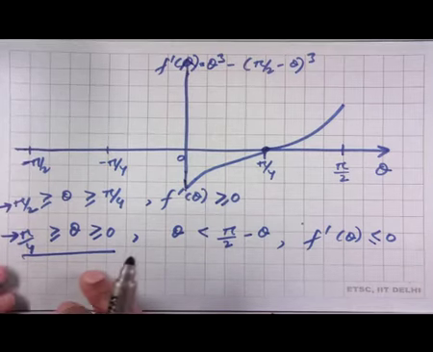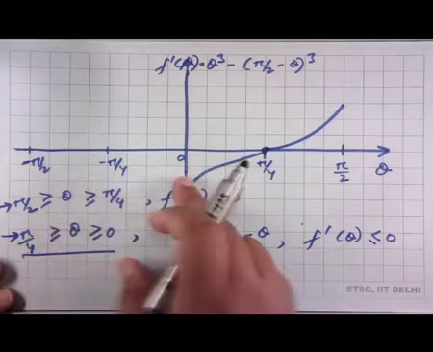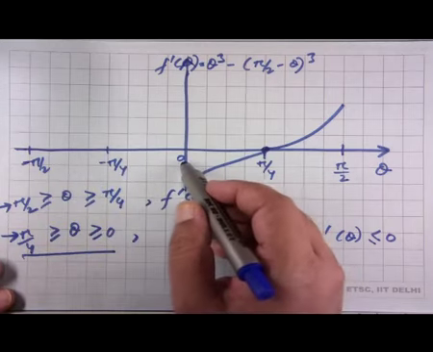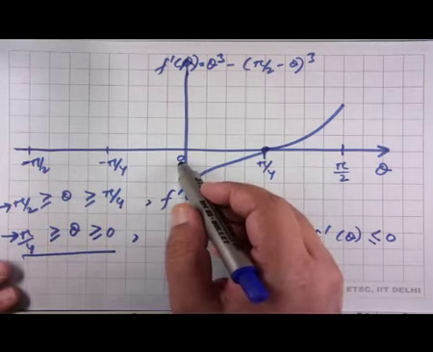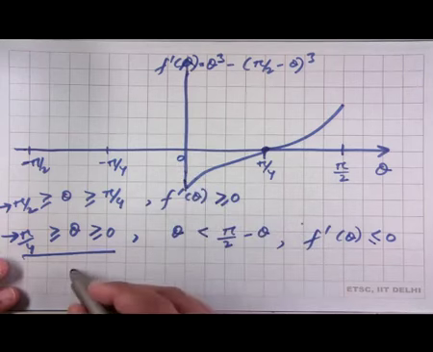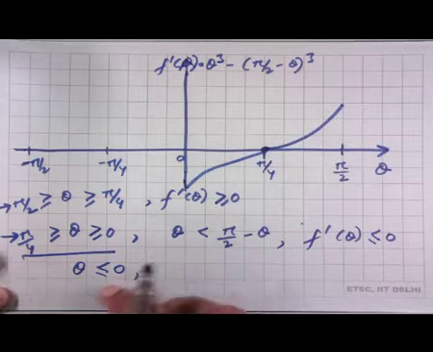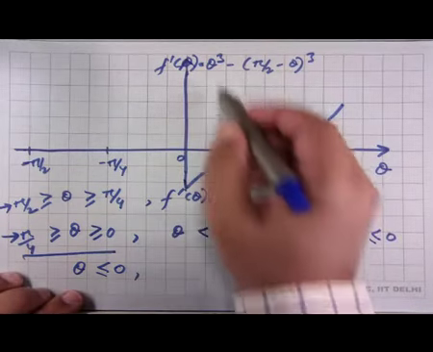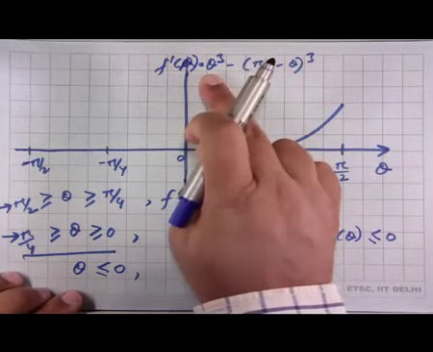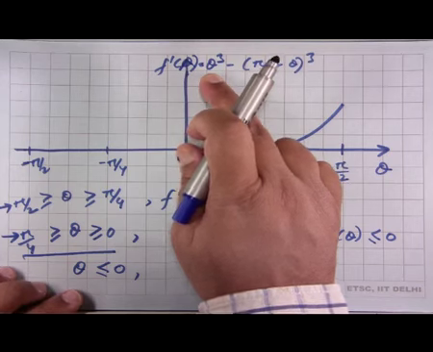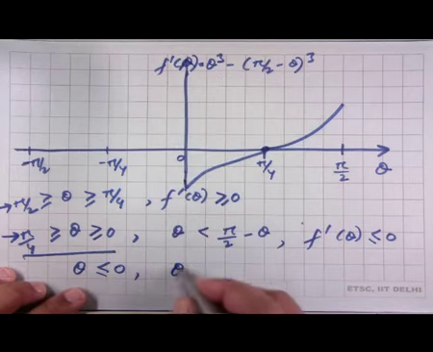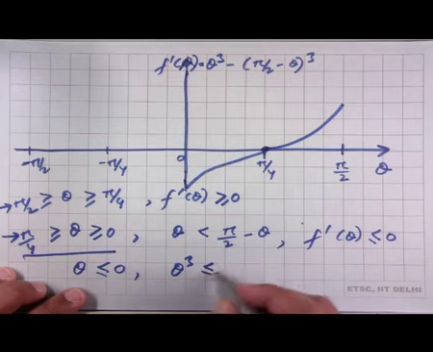Then similarly we have to consider negative values of theta. When theta is less than or equal to 0, that is, when theta is negative, theta cube is going to be negative.